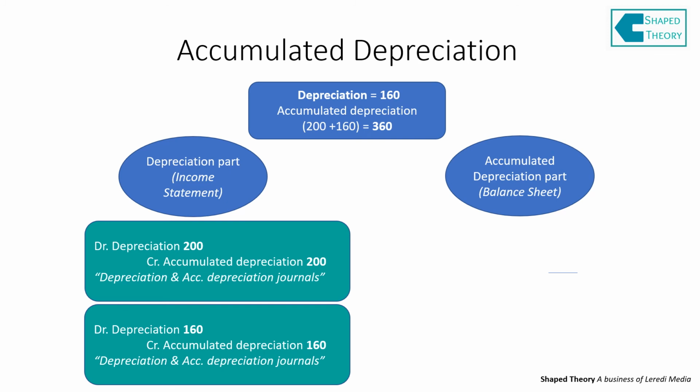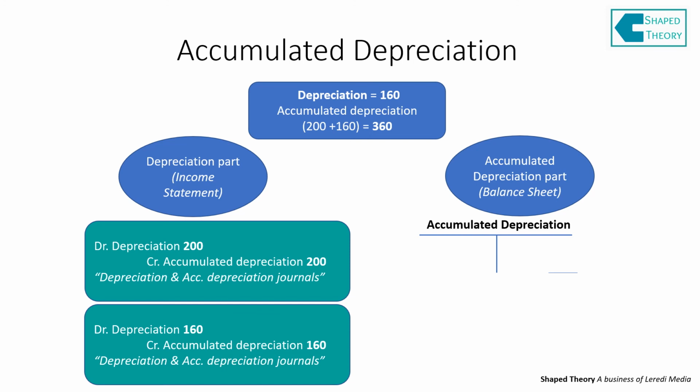Now, you might be asking yourself, how do I reflect the accumulated depreciation balance in the balance sheet? You will see that on the right side of the slide, we have what we call a T account. A T account works in the same way as journals. The left side of it is the debit side, and the right side of it is the credit side.